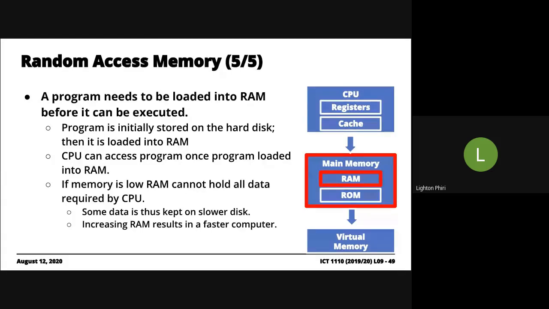So every time you execute a program, the first thing that happens is the program instructions, or portions of the program instructions, are loaded into RAM. And then the CPU will start executing the individual instructions associated with that particular program.